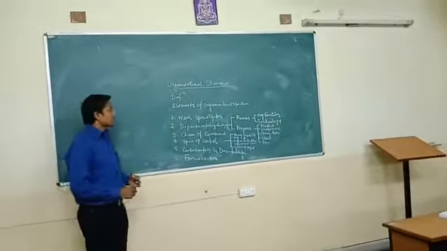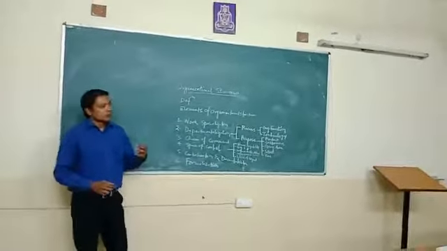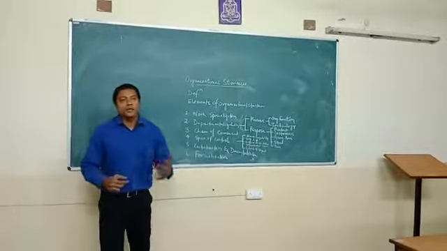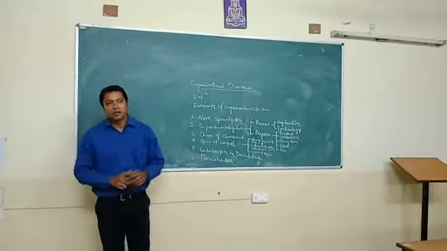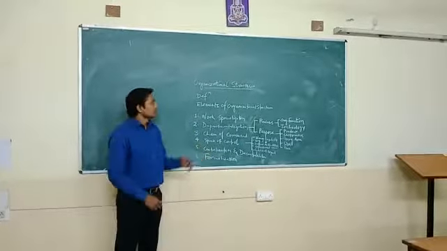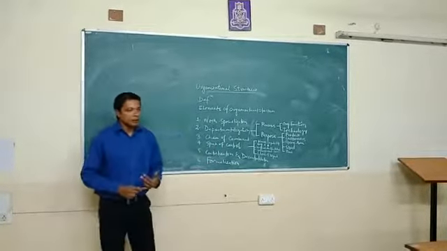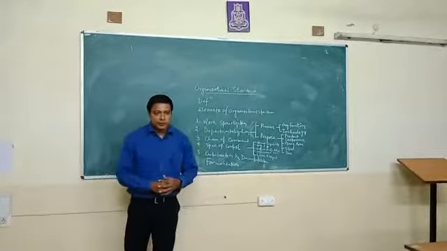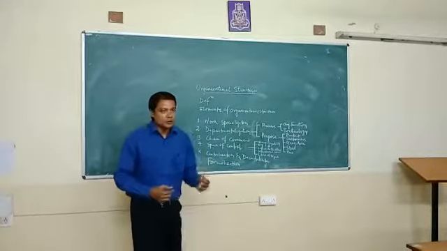The simplest definition of organizational structure could be: this is a more or less permanent structure in any organization which includes two basic types of parts. One is vertical and another one is horizontal in nature. I repeat, the simplest definition of organizational structure could be an arrangement which includes vertical as well as horizontal parts.